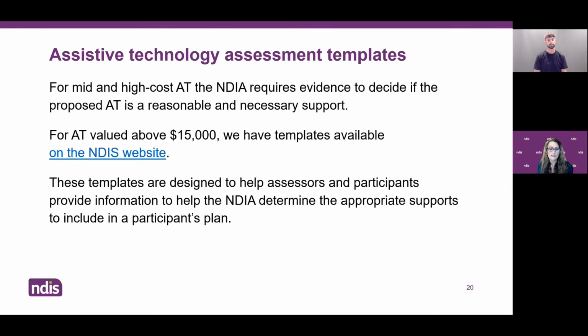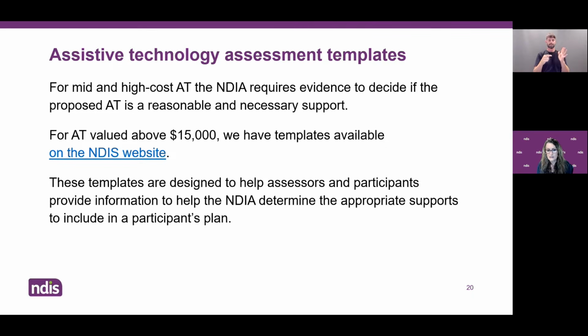For some AT, particularly the mid and higher cost AT, the NDIA requires evidence to decide if the proposed item is a reasonable and necessary support. For AT valued above $15,000, we have templates available on the website.